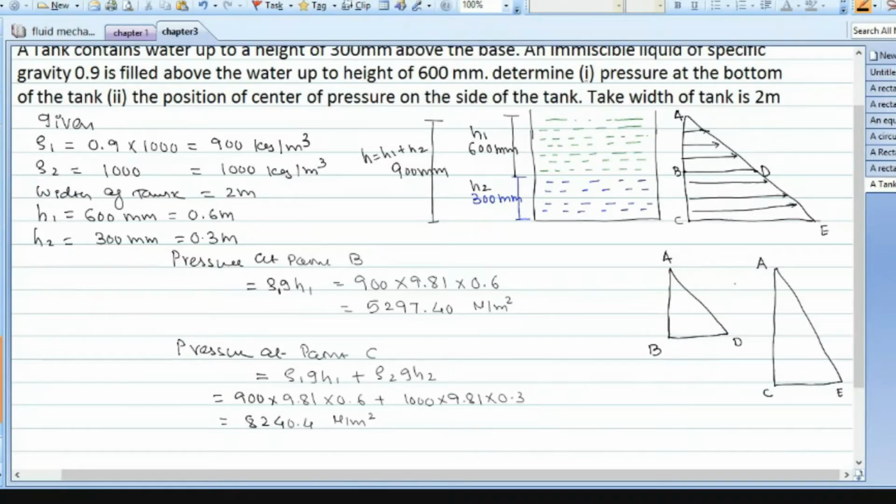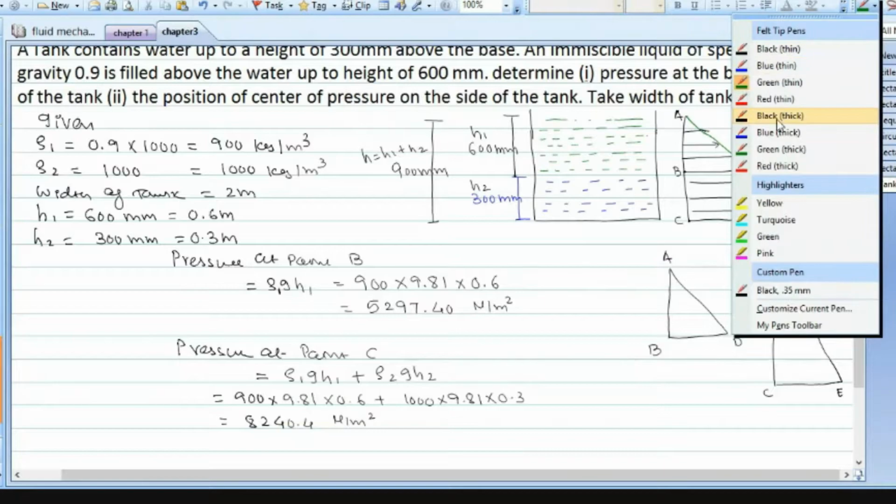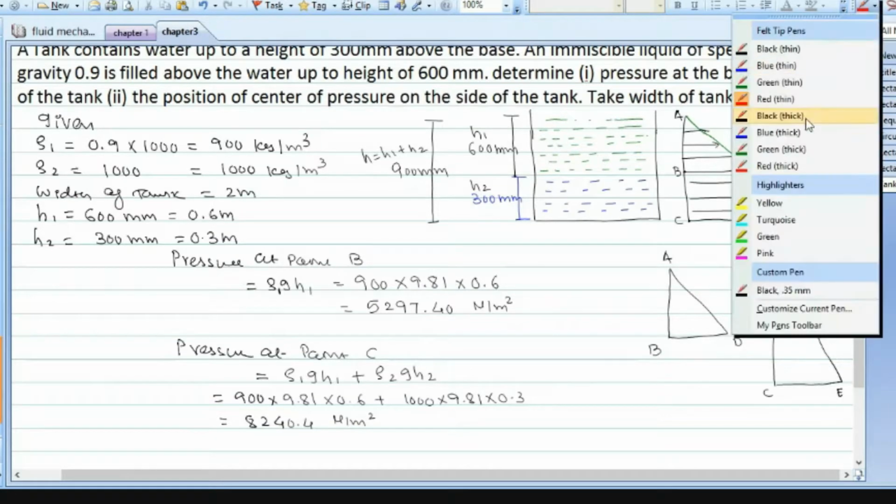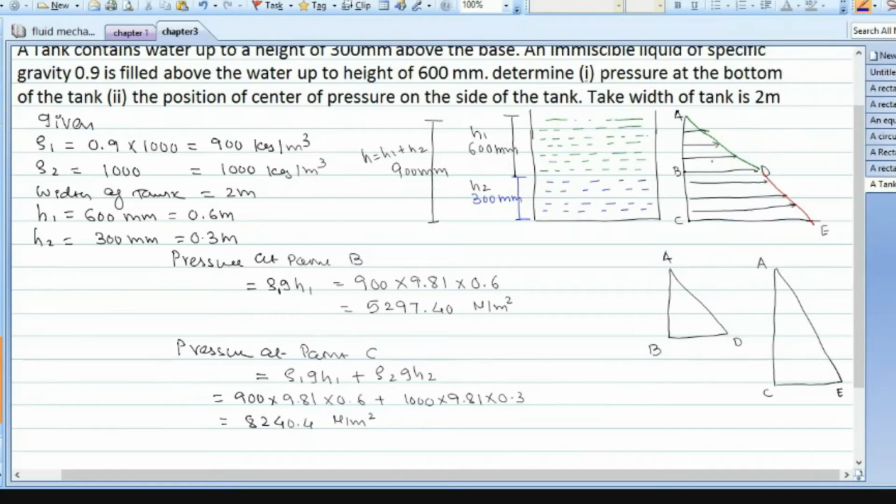Now we are going to find the total pressure force. Total pressure force is the area under the diagram, and actually we do not get a steady line, so let me plot a different line. We get this up to D, and from D the slope is different. So what we do is convert this whole area into three parts.